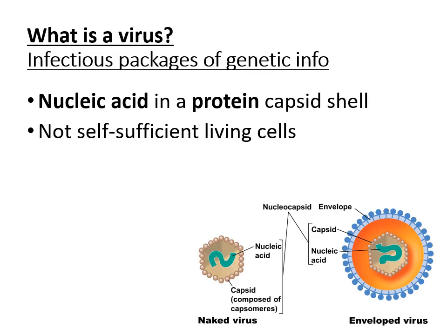Now, the next point I want to make when it comes to viruses is that they are not considered self-sufficient living cells. So you have to ask yourself, why? Why are they not considered true living cells? Well, in order to qualify as a true living cell, you have to be able to do the central dogma on your own.